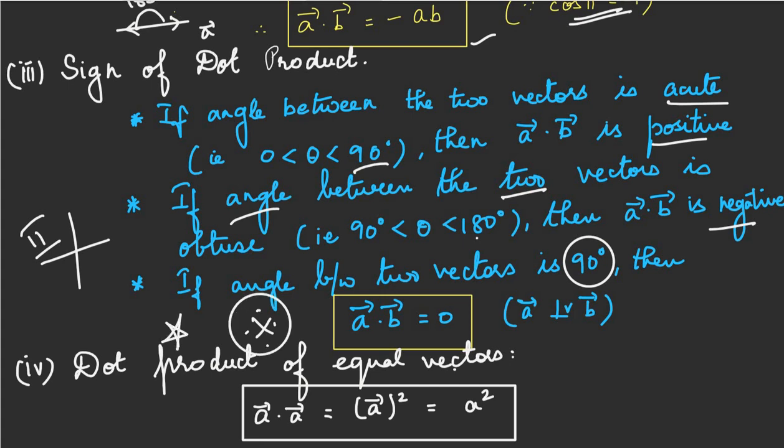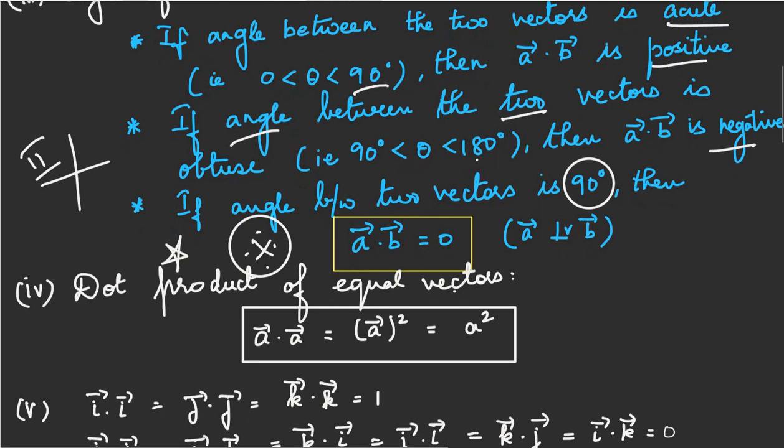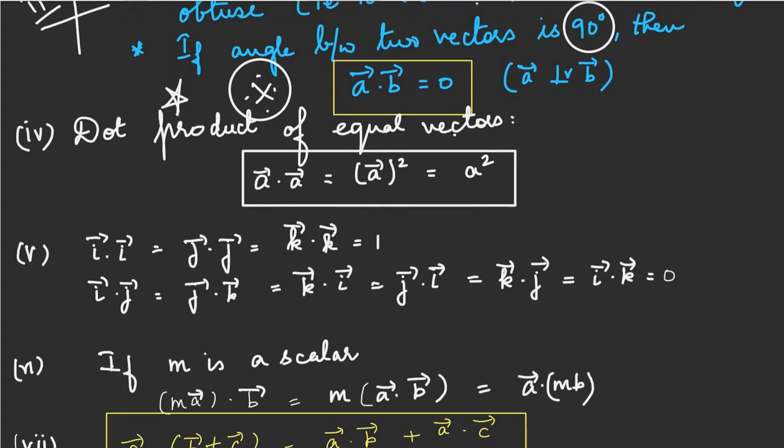Important: two vectors' dot product is equal to 0 if A is perpendicular to B or B is perpendicular to A. And one more condition: if any one of the vectors is a 0 vector, then the dot product is 0. Dot product of equal vectors, A vector dot A vector, will be equal to A square. I dot I, J dot J, K dot K is equal to 1. What is this I, J and K?